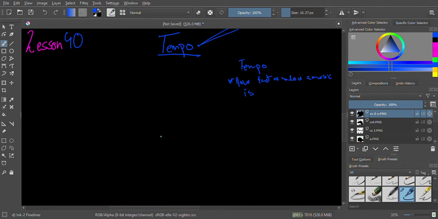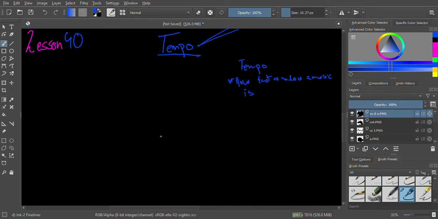If you would like me to give an example, and if you're still a bit confused, let's take Twinkle Twinkle Little Star. So, doing 1, 2, 3, 4, 1, 2, 3, 4. That's my current tempo.